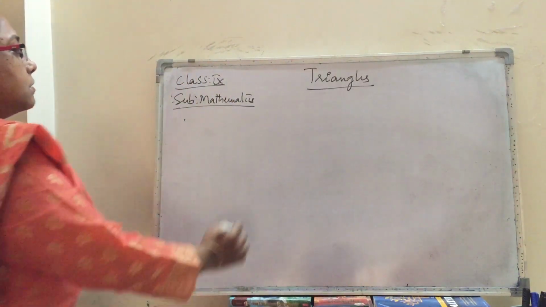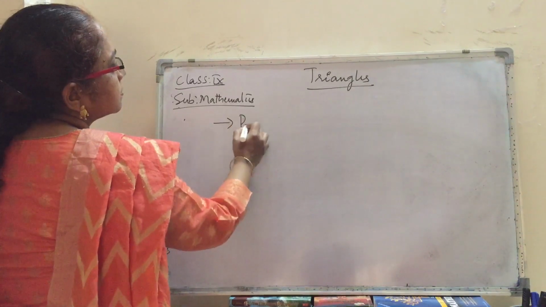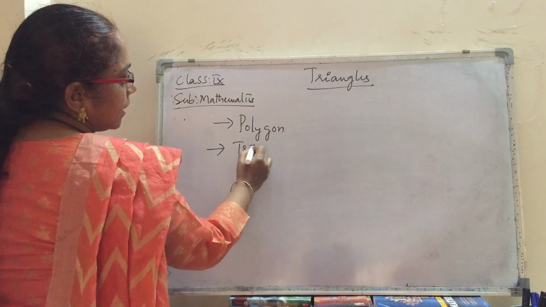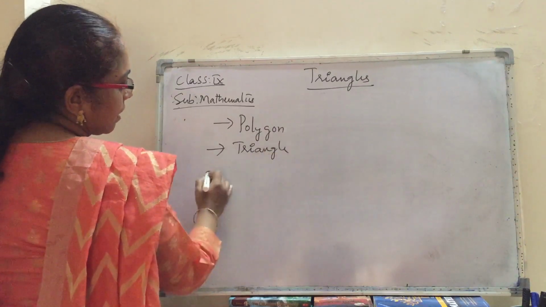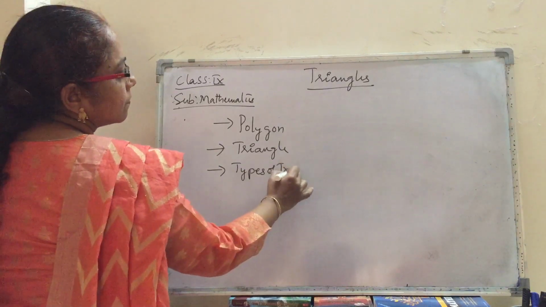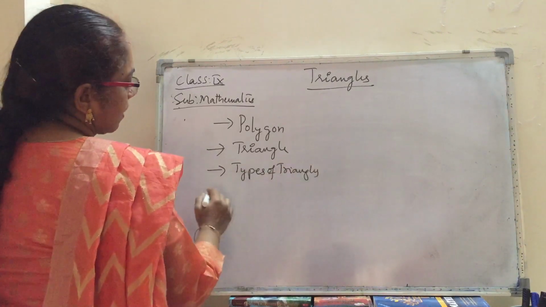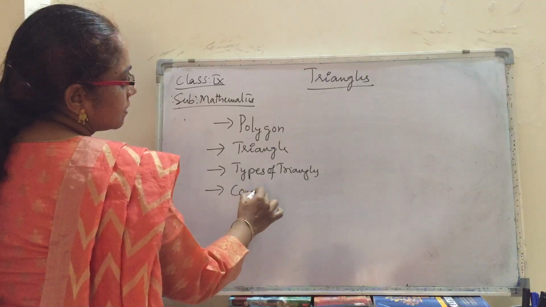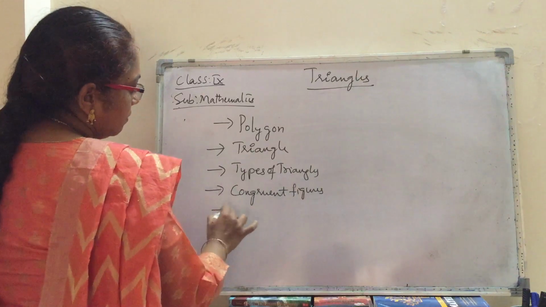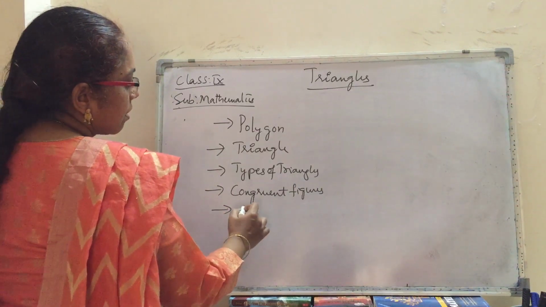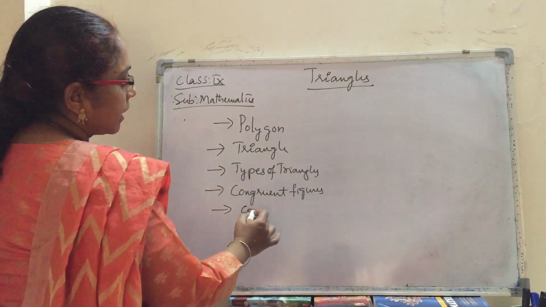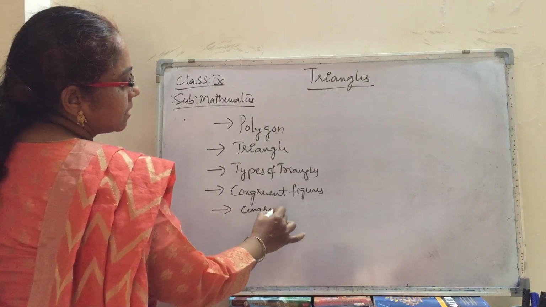Those are polygon, triangle, types of triangles, and congruent figures. And when two triangles are congruent, we have 4 congruency rules. Those we will discuss now.